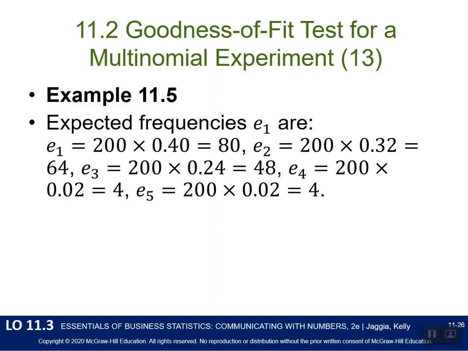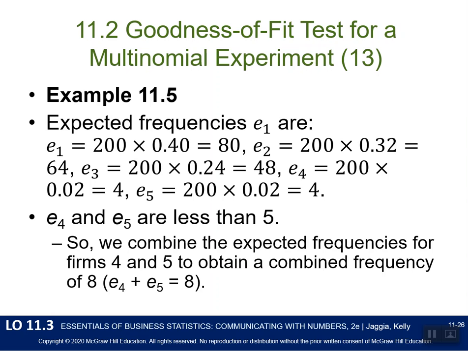So then we can compare these expected values with what our sample actually showed. Now, if you notice, the expectation for firm 4 and for 5 were 4 customers each. We expected 4 out of the 200 people to buy firm 4's product and 4 out of the 200 people to buy firm 5's product.